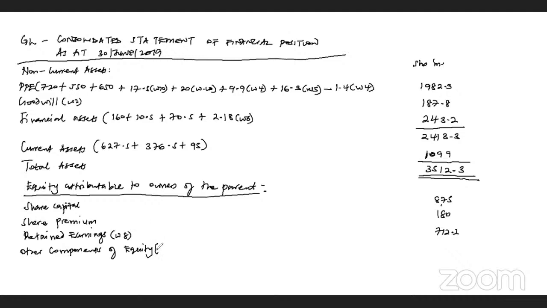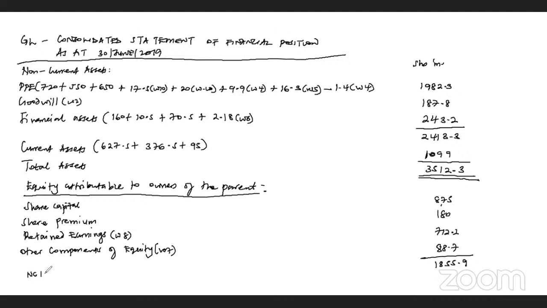This is from working number 7, I think. And this is 88.7. When you add, you get total equity attributable to the owners of the parent of 1857.2.